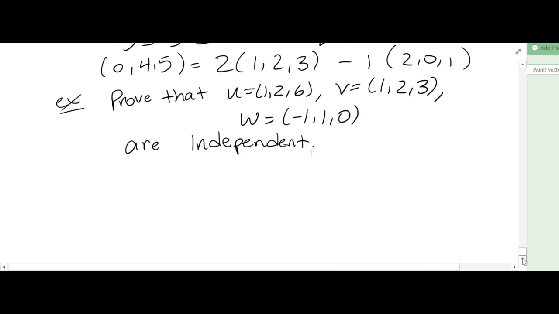We can do it the same way we did the previous problem. Let's try to write one of them, say U, as a linear combination of the other 2.